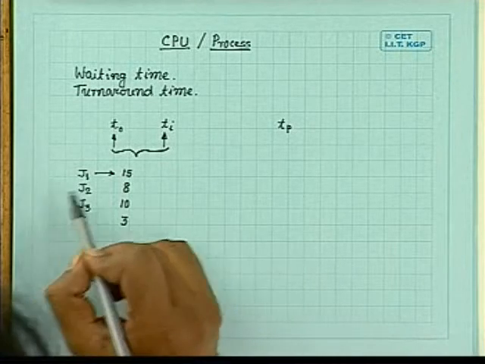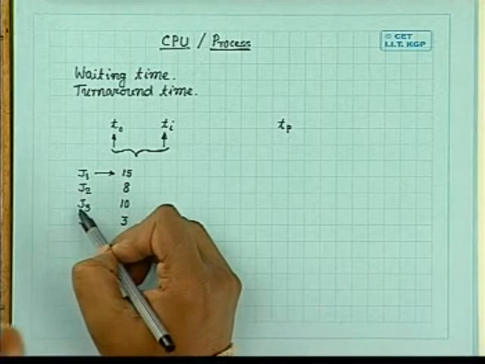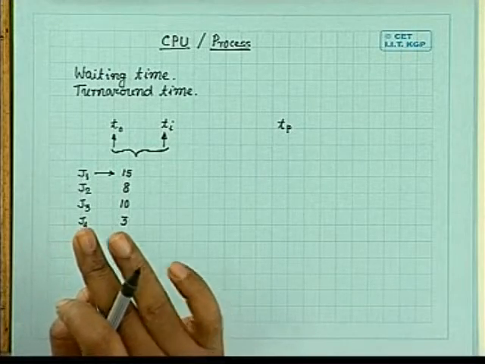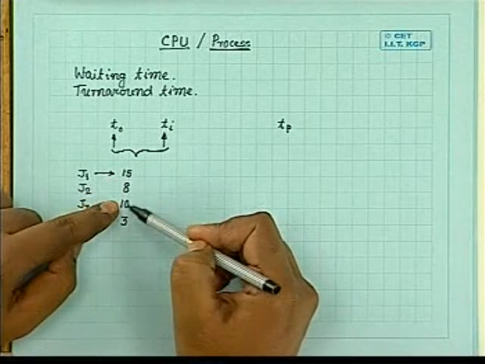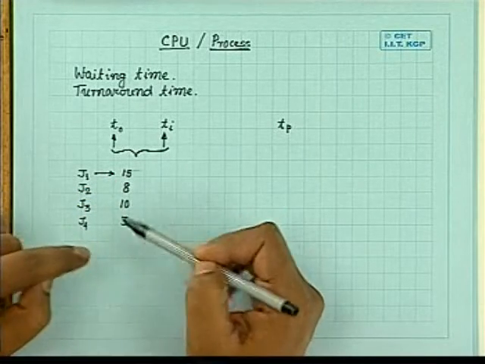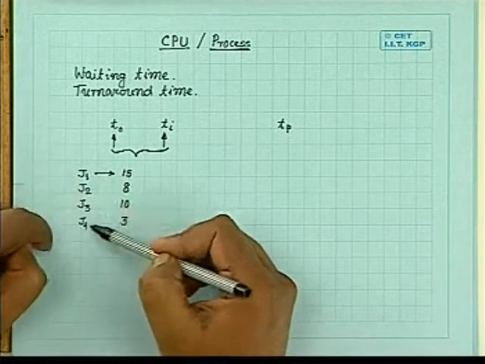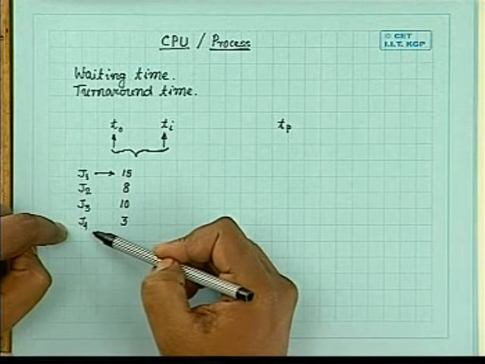If I assume that this is the sequence in which the jobs have arrived to the system. Later on, I will come to the corresponding technical terms which are used for this. But for the time being, consider a simple situation that I have these 4 jobs J1 to J4 and their execution times. I also assume that the jobs have arrived in this sequence, J1 first, J2 second, J3 next, J4 the last one.